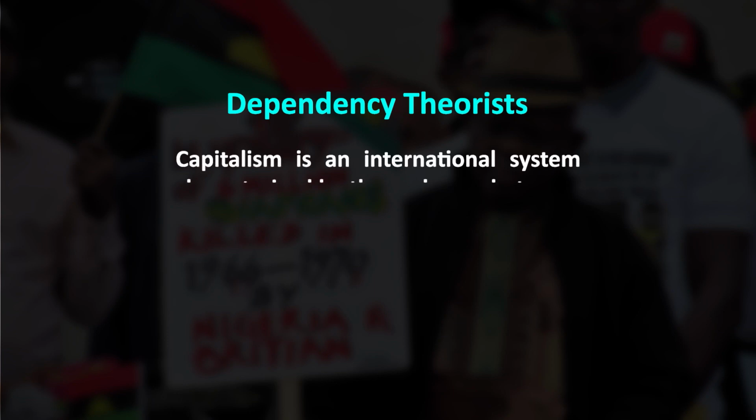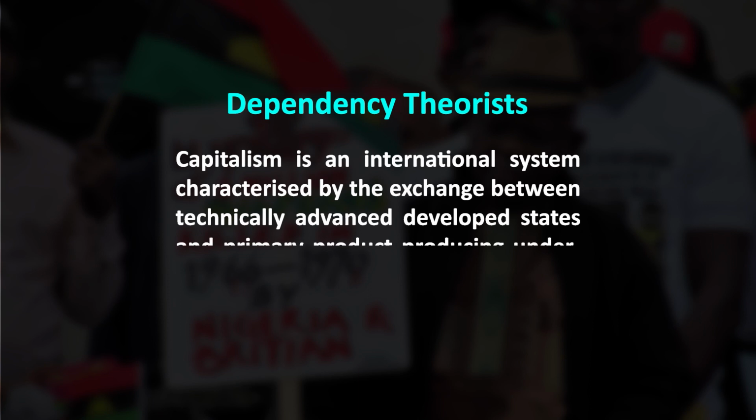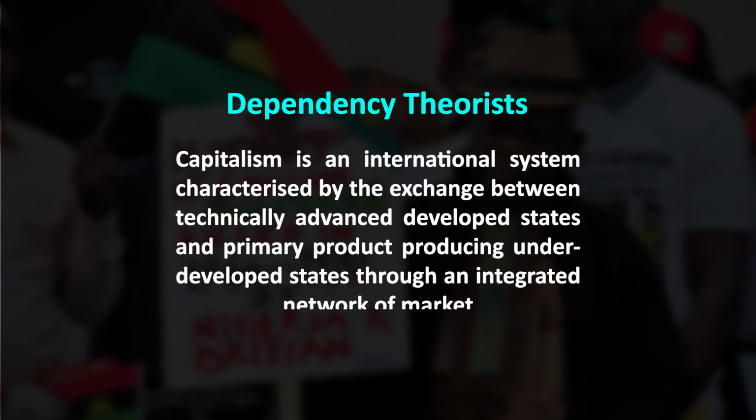These dependency theorists argued that capitalism is an international system characterized by the exchange between technically advanced developed states and primary product producing underdeveloped states through an integrated network of markets. The technical and military superiority of the developed states, also referred to as the metropolitan states, results in the domination, exploitation and distortion of the post-colonial states, also referred to as the peripheral states.